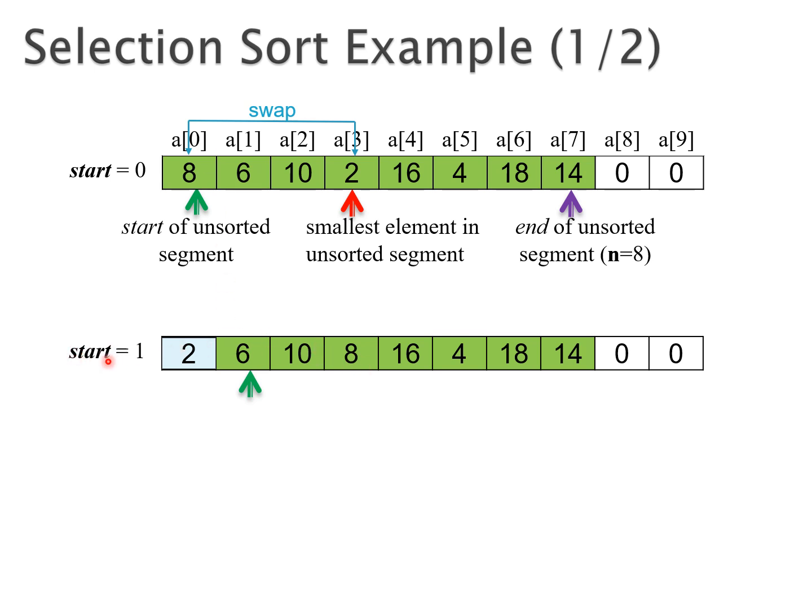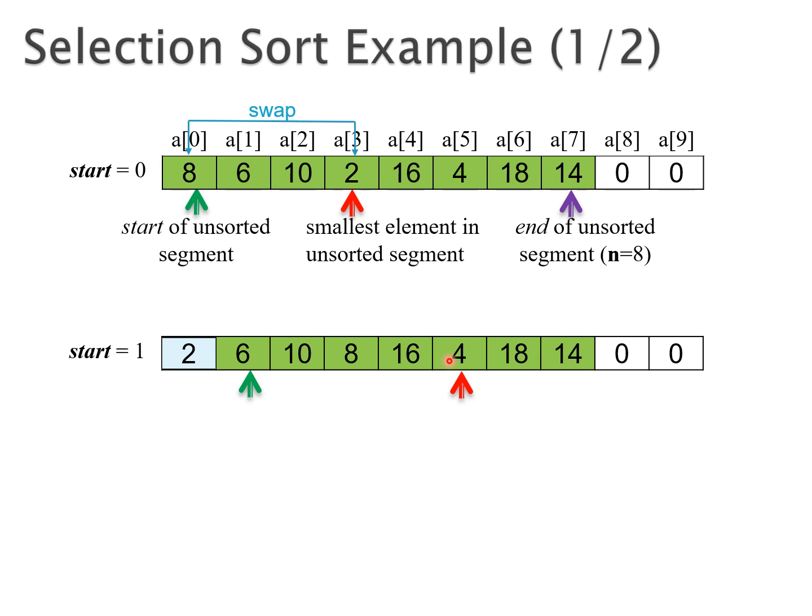After swapping, variable start increases from 0 to 1, which means that the unsorted segment is now from index 1 to index 7. Then we look for the smallest element in the current unsorted segment and find it at index 5.